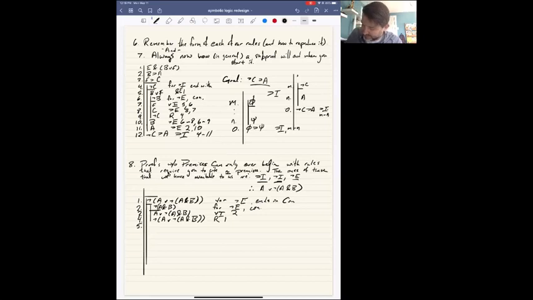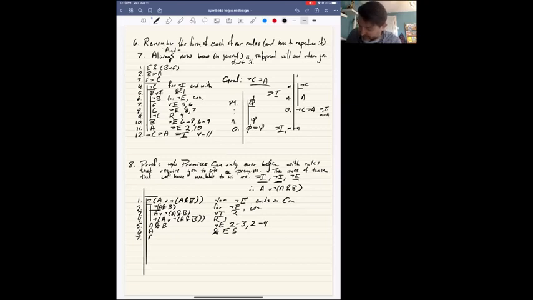Then at step 5, we can assert the opposite of this, which will be A and B from negation elim of 2 through 3 and 2 through 4. Then at step 6, we can just derive our A from this thing via conjunction elim of 5.